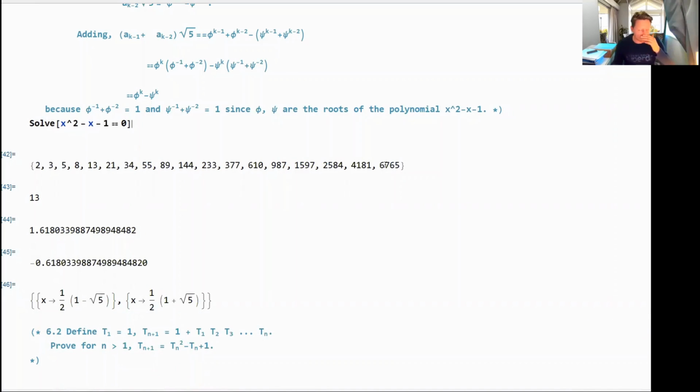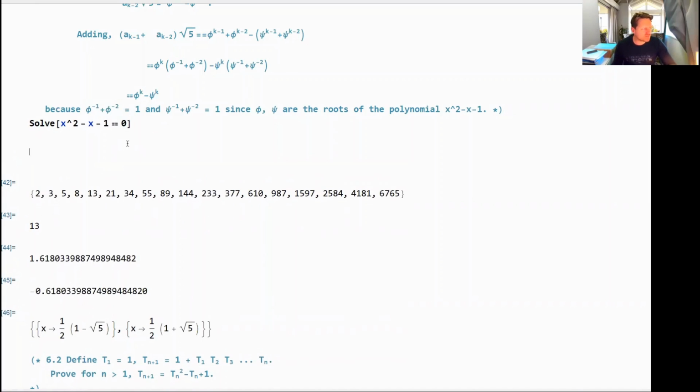So given that that's the case, how do we get that these add up to 1? So let's have a look. Simplifying this, what we have is basically phi to the power of minus 1 is 1 over phi. So 1 over phi, and then we have 1 over phi squared.